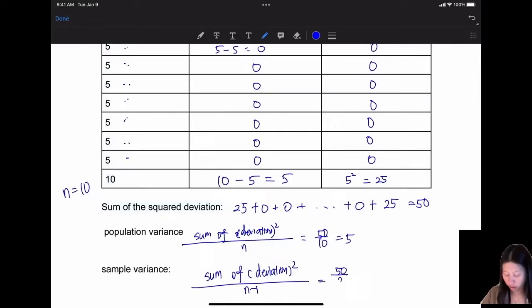So you have 50 divided by 9, which is 5.56. Okay, so that's the difference. Population variance is you divide by the whole number of data. The sample variance is you divide by the number of data minus 1.